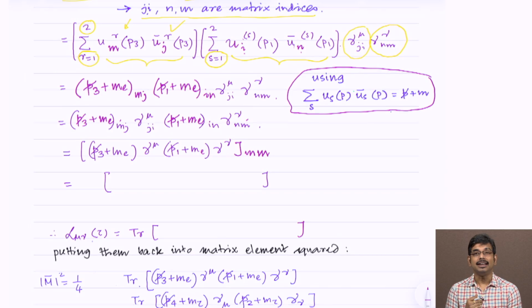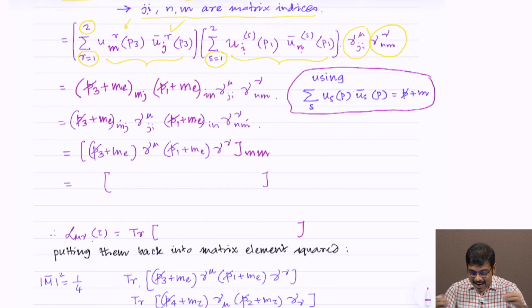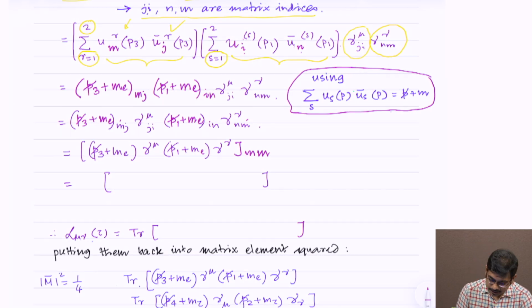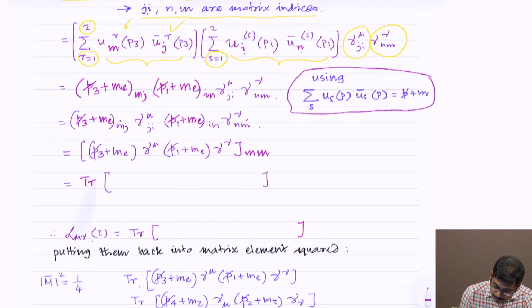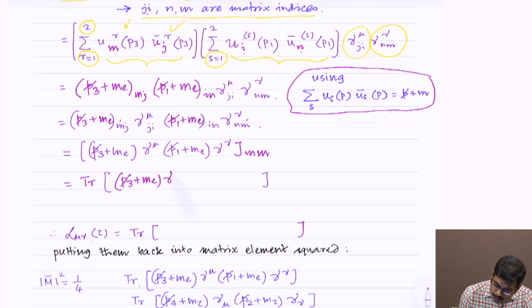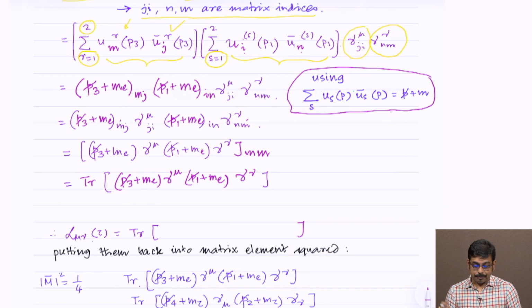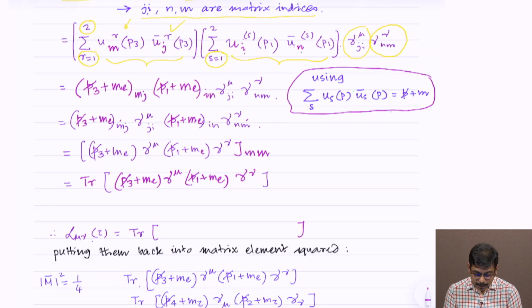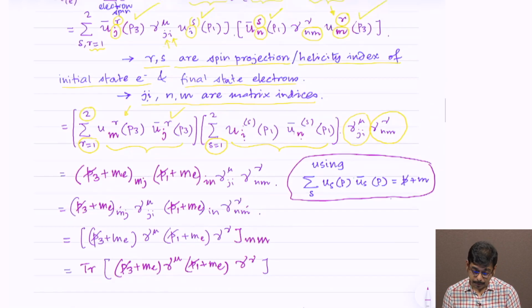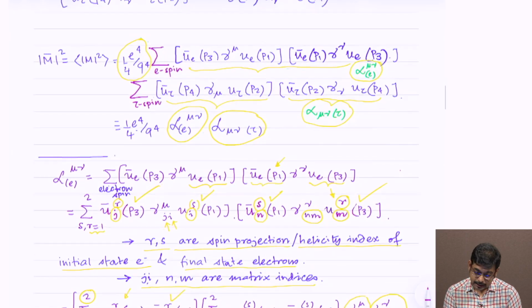So what does it mean? It essentially means it is the trace of this whole matrix, which is P3 slash plus m e, gamma mu, P1 slash plus m e, gamma nu, and trace of it. So with this now we are able to write the L mu nu tau part, which we already had in the expression.